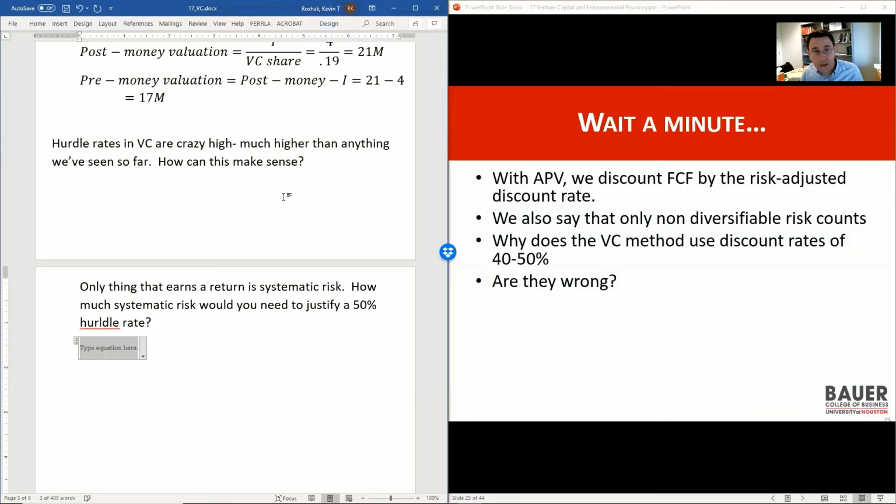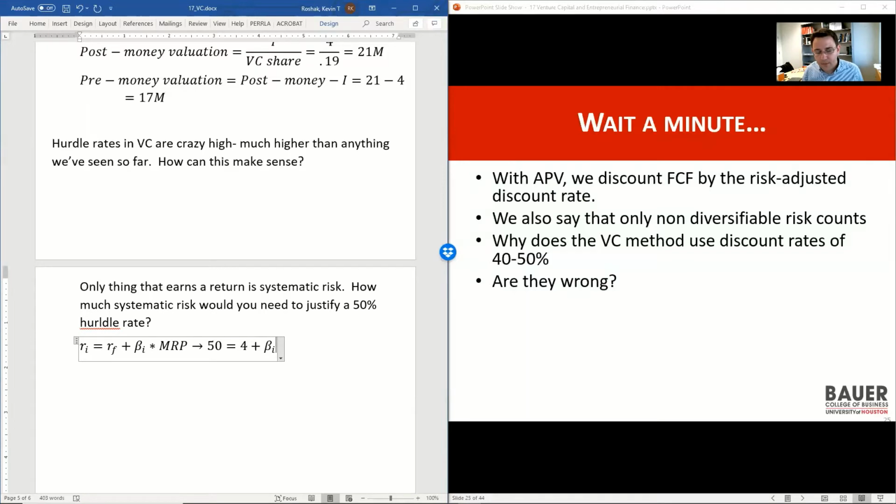We can go back to our CAPM formula. Right? The return on some investment I is going to be the risk-free rate plus the beta of asset I times the market risk premium. So if we have a 50% return on asset I, suppose we have a risk-free rate of like 4%. It's probably a little bit high, so suppose we have that.